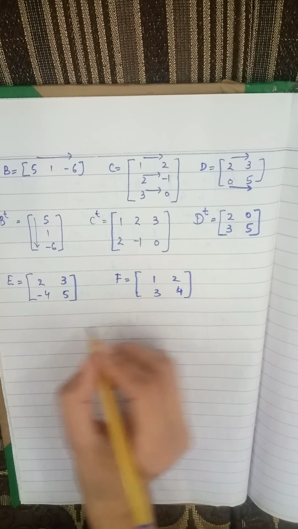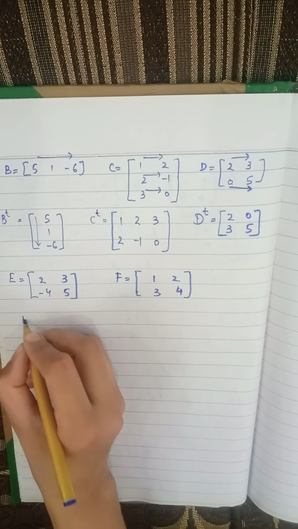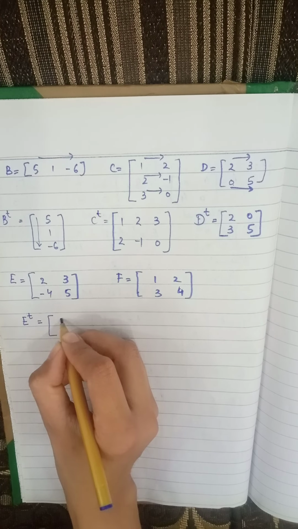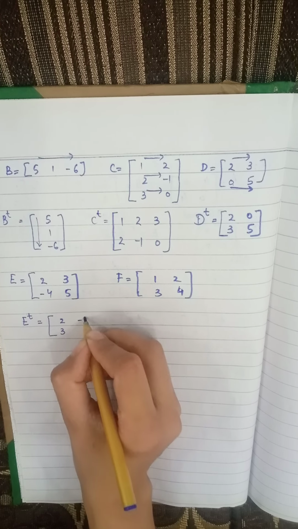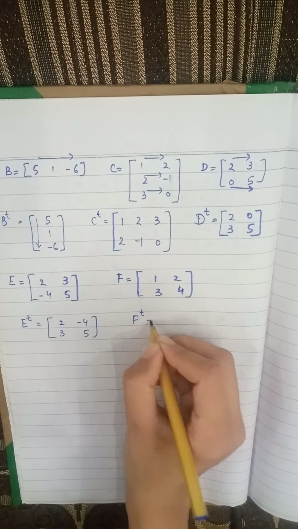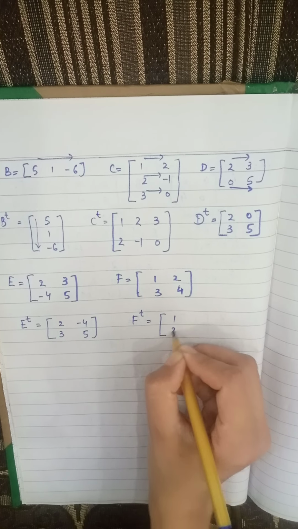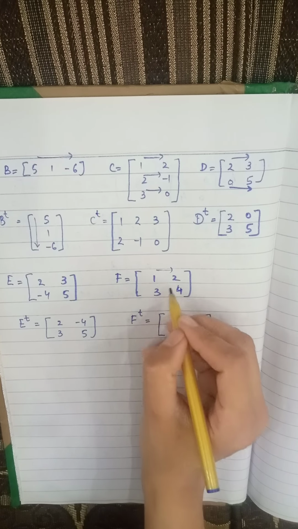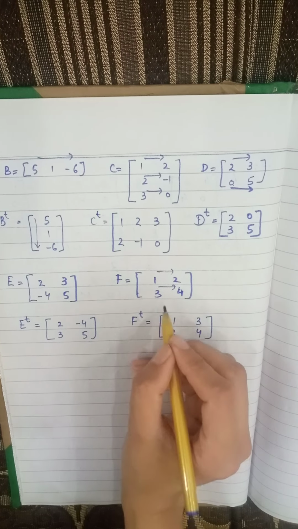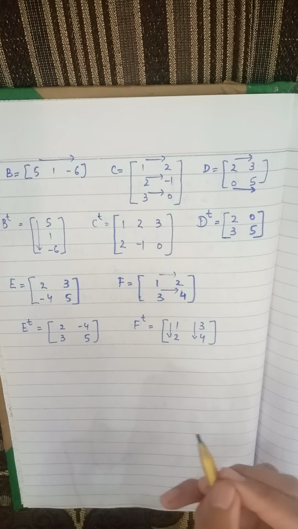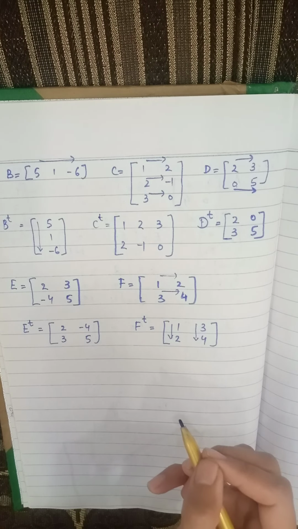Okay, so its transpose would be 2, 3, minus 4, 5, 1, 2, 3, 4. The horizontal will be changed into vertical. Okay, if you have any queries about it, you will let me know.